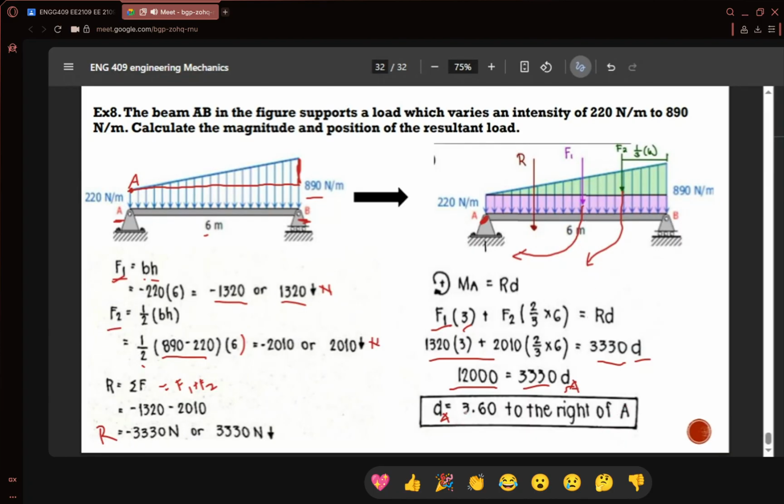So this is 3.60. What's the unit? Meters. So don't forget about the unit. This one also, 330. The unit and the label also, if you did not specify from the variable that was used.